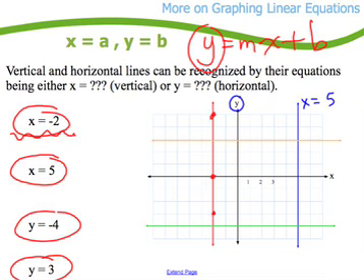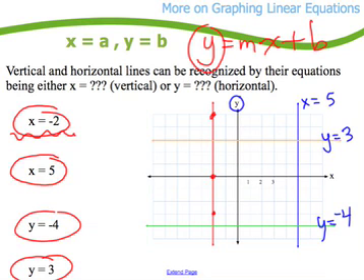So if it's parallel to this one, like this line, or this line over here, instead of y, it's going to be x is equal to. Similarly, if I have a line that's parallel to x, the equation of that line is going to be y equals something. Same here, it's parallel to x, so it's y equals, and then whatever y is equal to, -4.